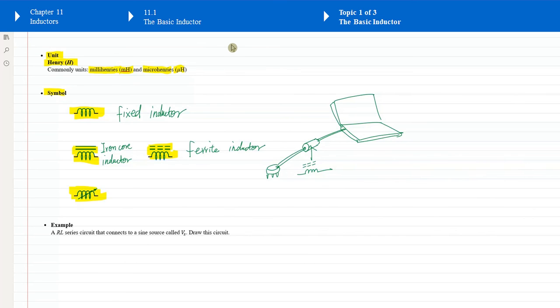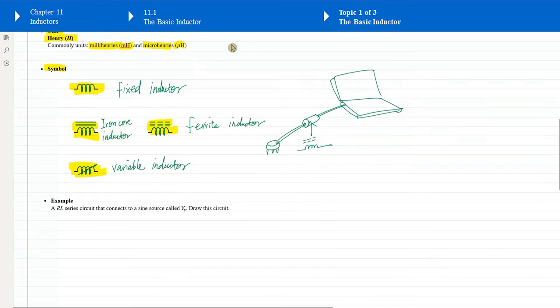The last symbol is for the variable inductor. Again, we're going to cover this in depth in another lesson.